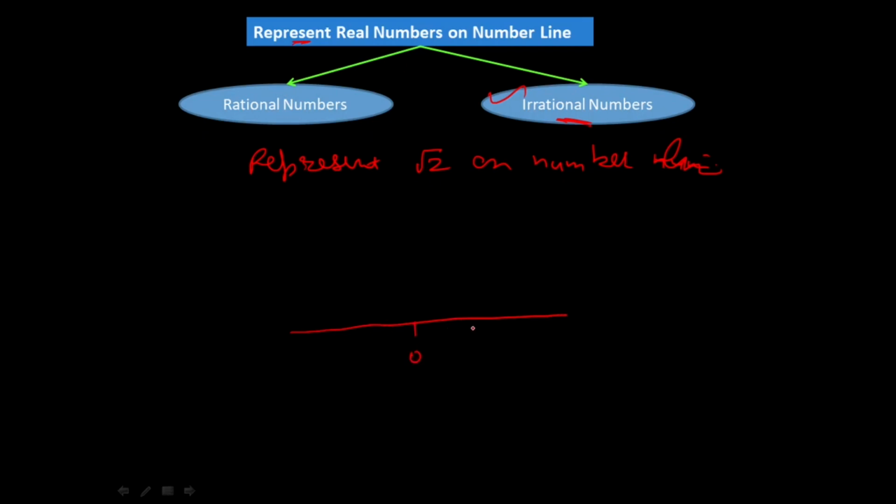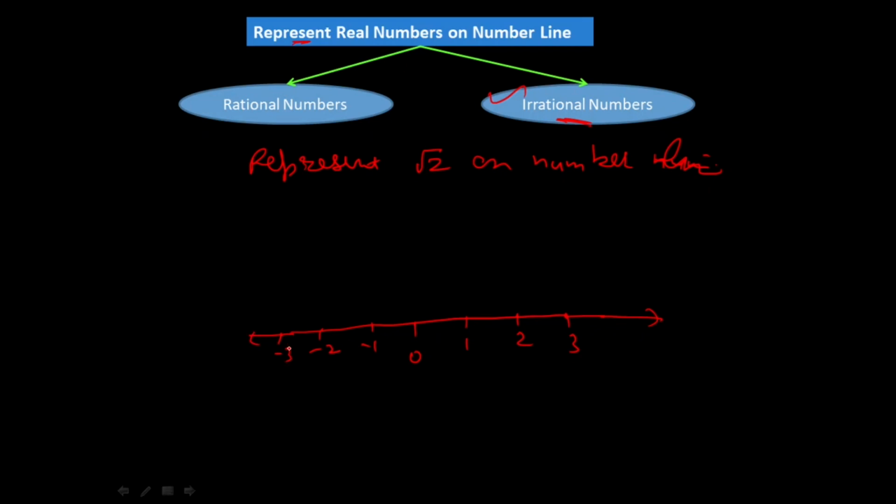Somewhere write 0 in the middle, better. Take 1 unit. You can take this as 1 centimeter or 1 inch, depending upon your choice, but the length should be the same again. 1, this is 2, this is 3, and so on. Same here. This is -1, this is -2, this is -3 over here.